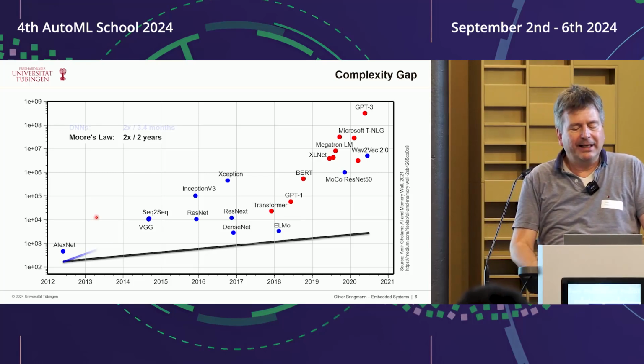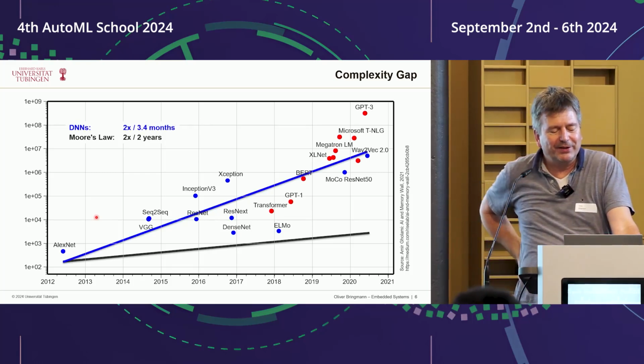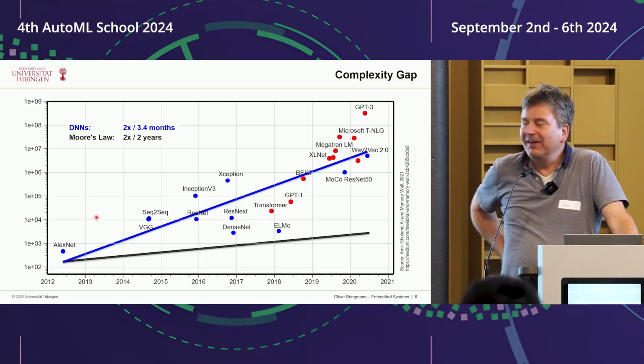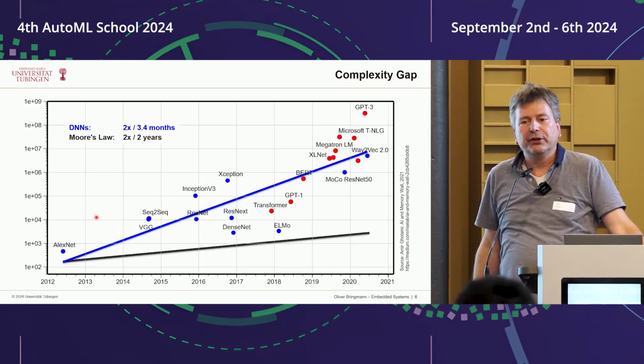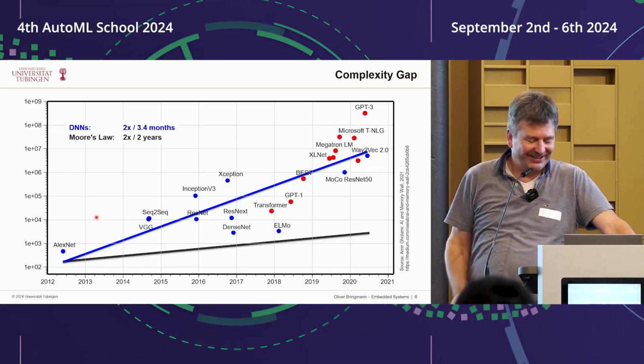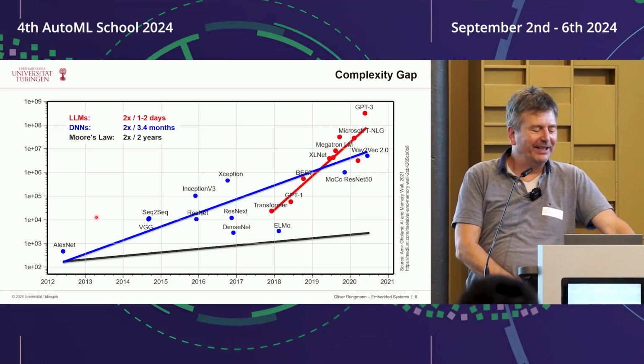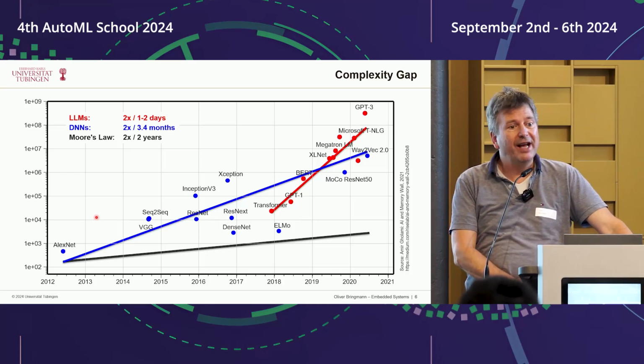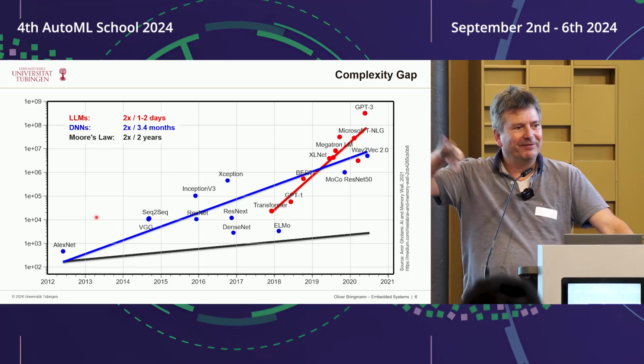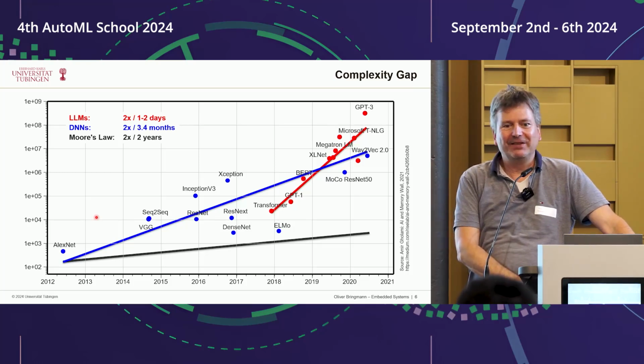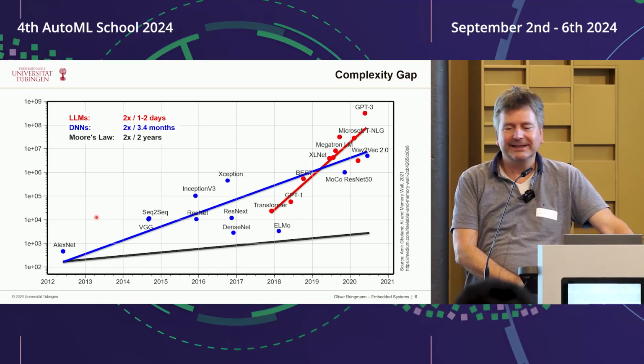Okay, let's take a look at the blue ones, the DNN area. We have a doubling every 3.4 months. And if we go further, then we see a doubling every 1 to 2 days in complexity. If we extrapolate the different models, then we have a doubling in complexity every 2 days.